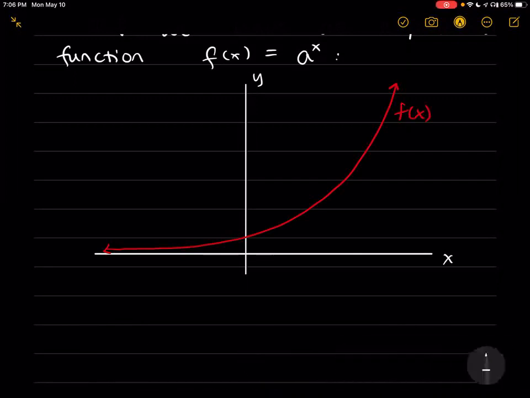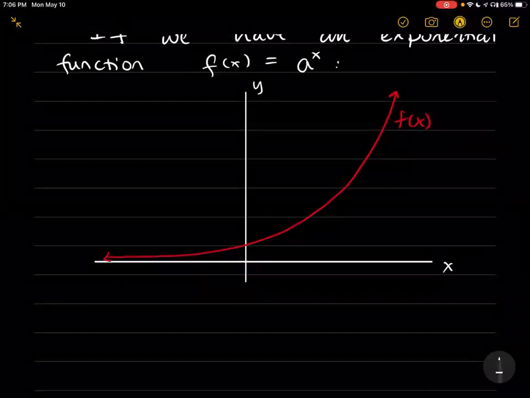Now, you might notice something about this graph. It looks one-to-one. It looks like it would pass the horizontal line test. Sure, this tail end on the left looks like it's getting flatter and flatter, but it never does. It's just asymptotically approaching the x-axis there as you take x closer and closer to negative infinity. So let's write that down.